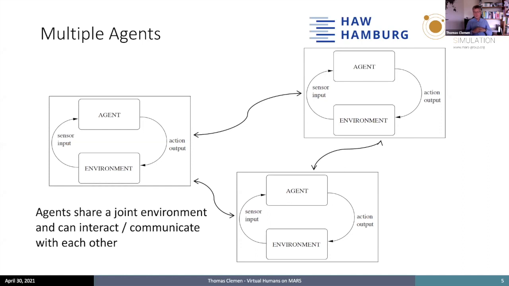So to summarize, you have autonomous software programs and you place them on top of a joint, common environment, and they can play with each other. It's literally like a board game where you have different layers of the board, and then you put the different tokens on them, and then they can run after rules defined, or other ways of describing the behavior.